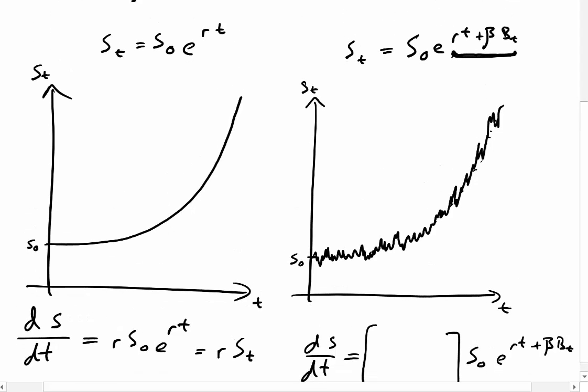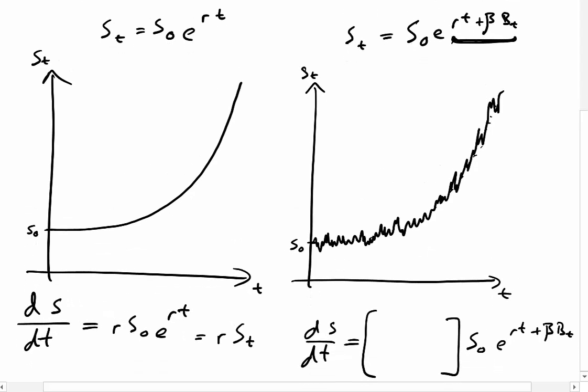So the derivative of rt would be r, plus the derivative of this beta Bt. So this beta Bt, derivative of that with respect to t, what's it going to be?